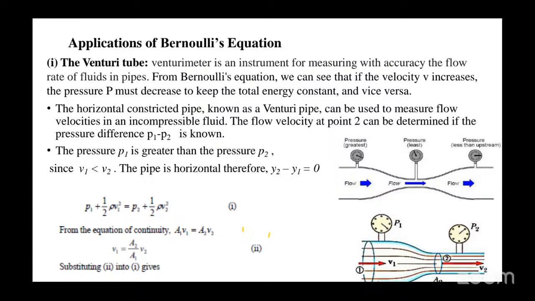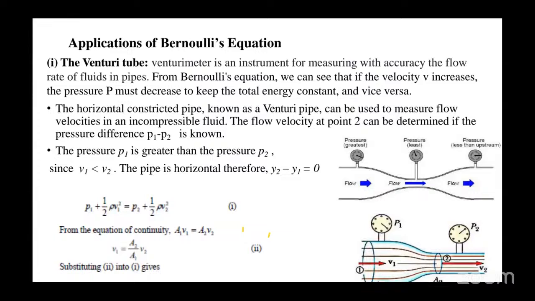Just like the previous example, a Venturi tube is always laid horizontally, and since it is laid horizontally, the parameter containing the height in Bernoulli's equation will be eliminated.